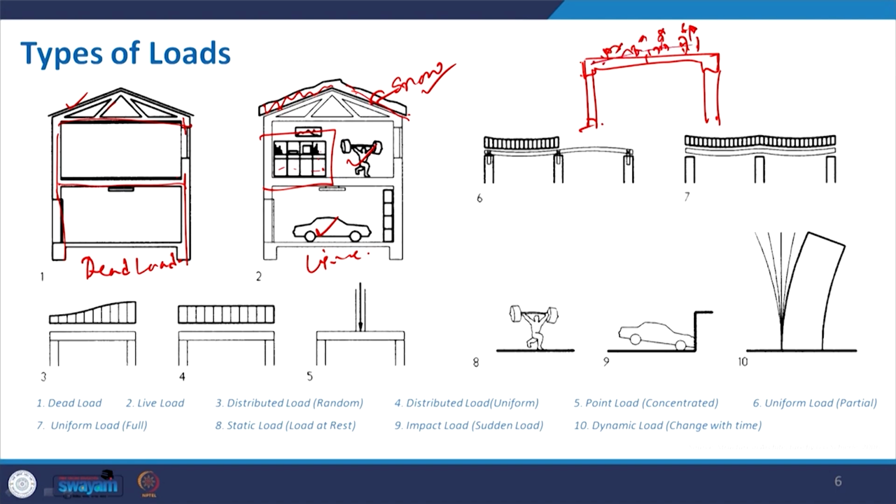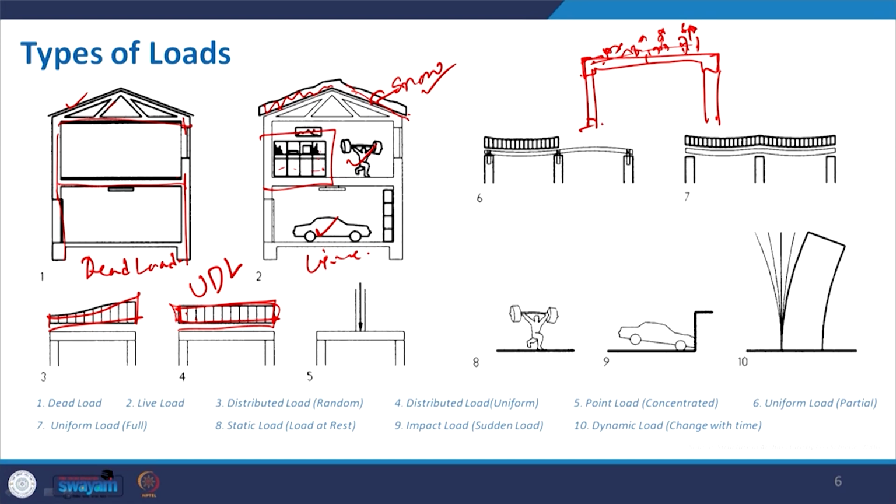At the corner you will have less load than at this particular corner, so it will form something like this. It is distributed, but random, not uniform, but there are cases where it will be uniform. In technical terms we call it UDL, uniformly distributed load. So, picture 4 is all about where the load is distributed uniformly.